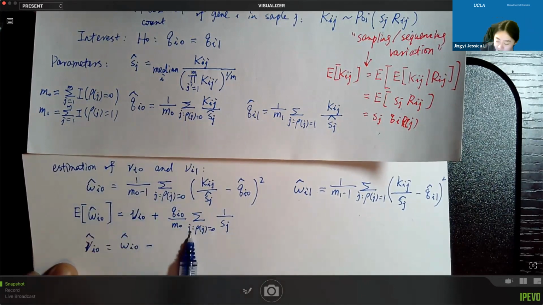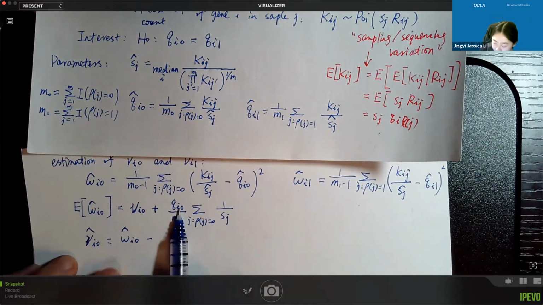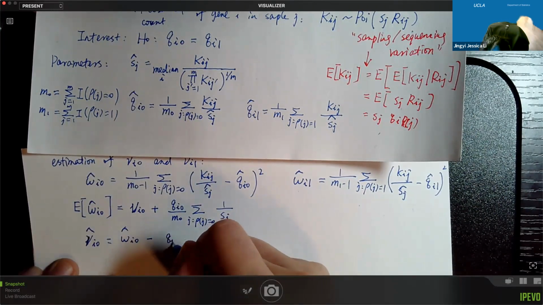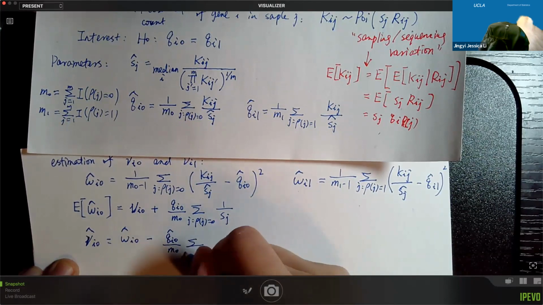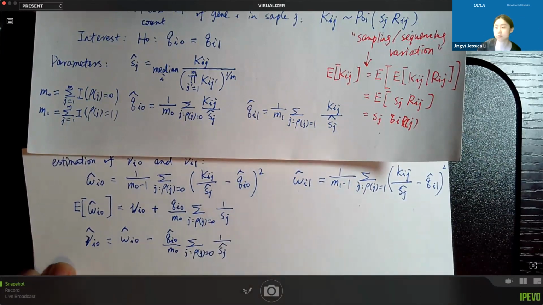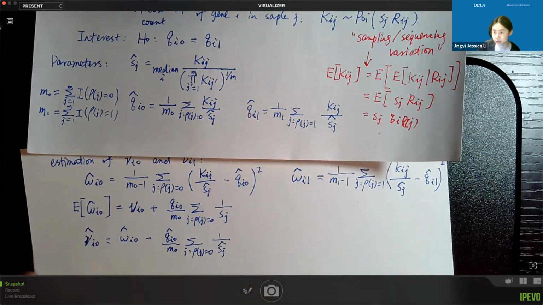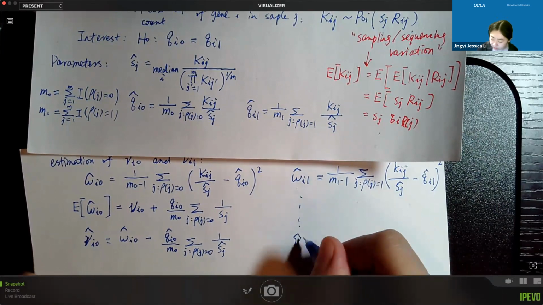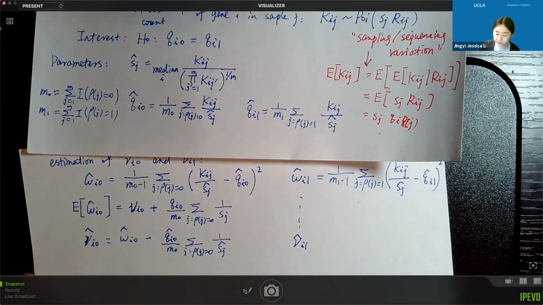But because the term involves unknown parameters like Qi0 and Sj, they just use the corresponding estimates: Qi0 hat over M0, 1 over Sj hat. That's what they propose, and that's the estimator they use as the first step. And similarly, they have this mu I hat 1 for condition 1.